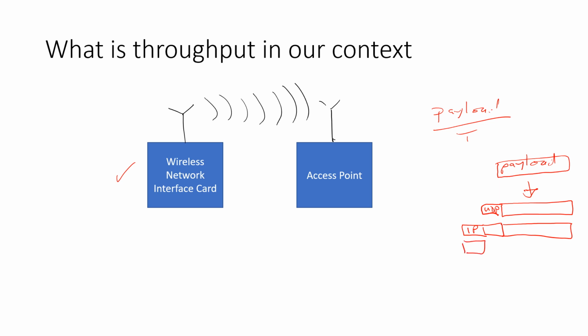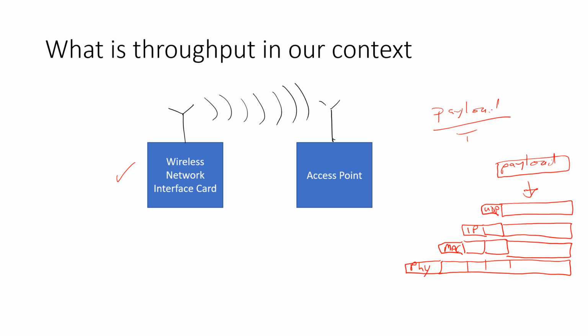At the next layer down, we add a MAC header, a data link layer header, and then at the next layer down we've got the physical layer.